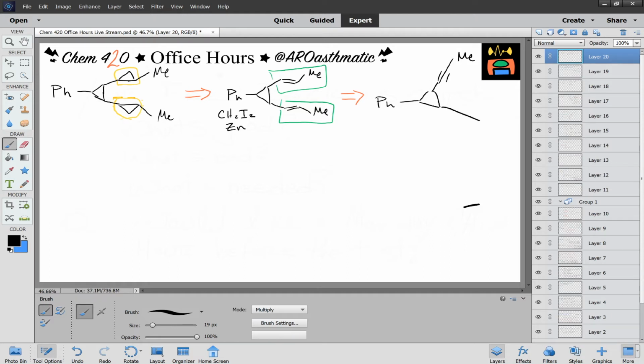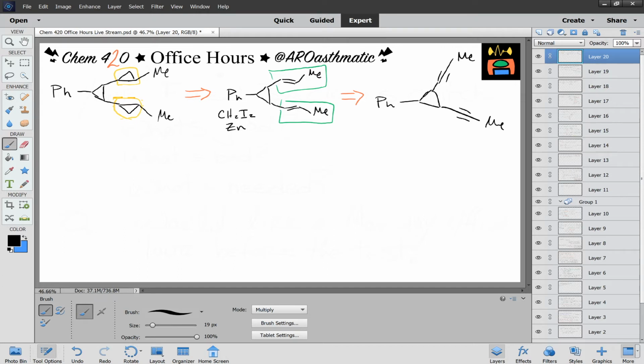Right, so if we had 2 alkynes here, we could make our trans alkenes if we used our partial reduction conditions.